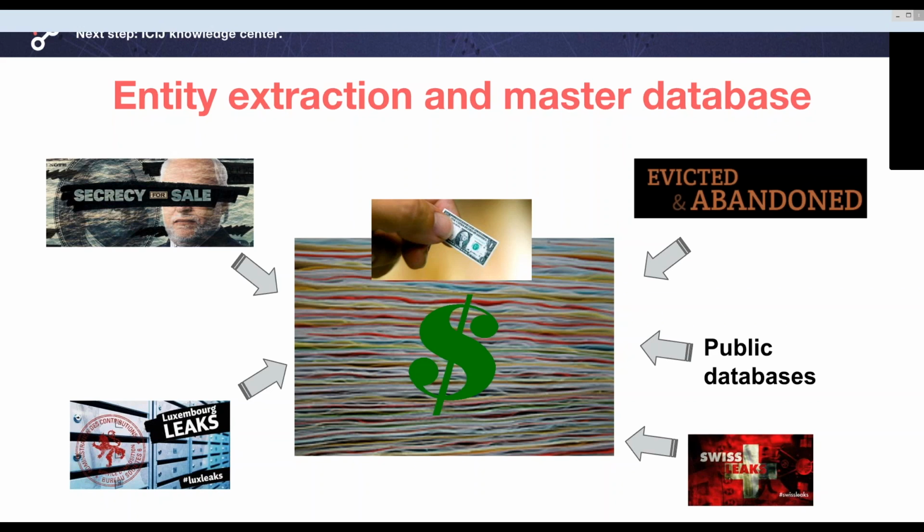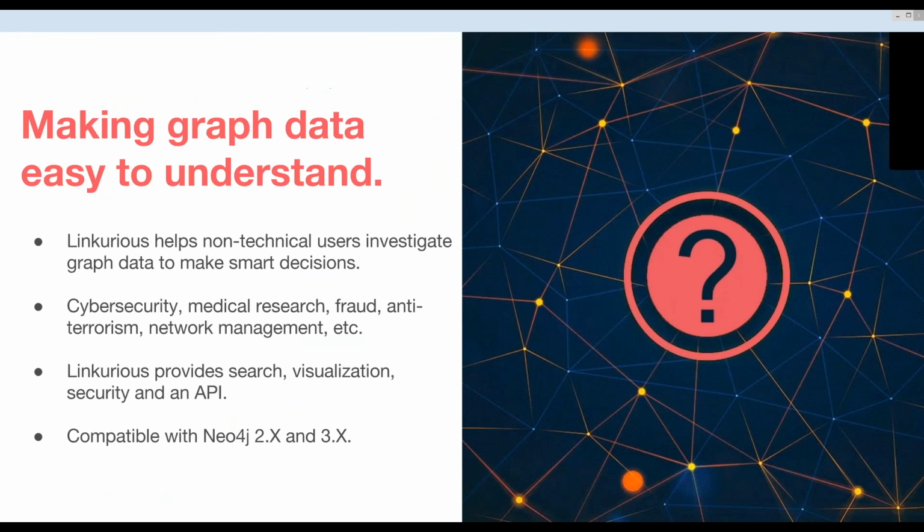So this is really going to be a master database of all things related to financial crime, and something that will help power new discoveries in the future. So that was my introduction on the Panama Papers investigation and the role that Linkurious played in that process.